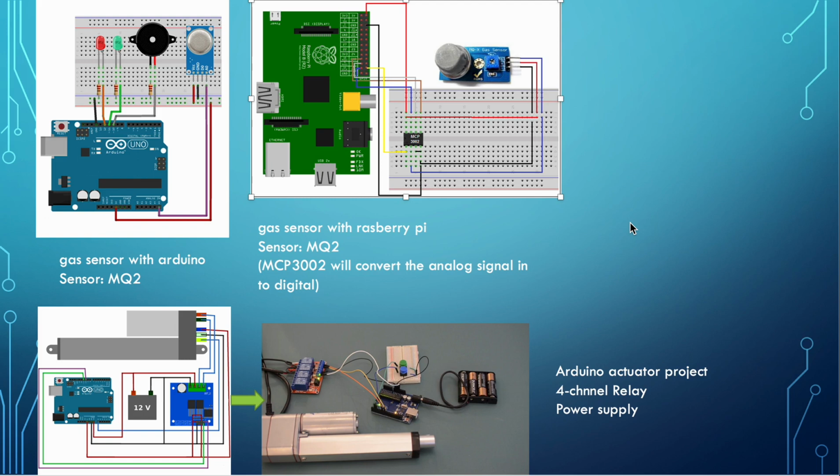We talked about sensors, so this is an example of an Arduino actuator project: a 4-channel relay and power supply.